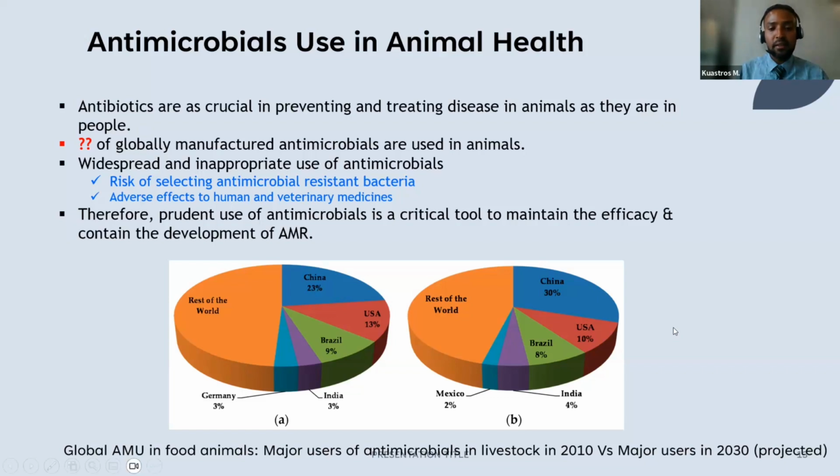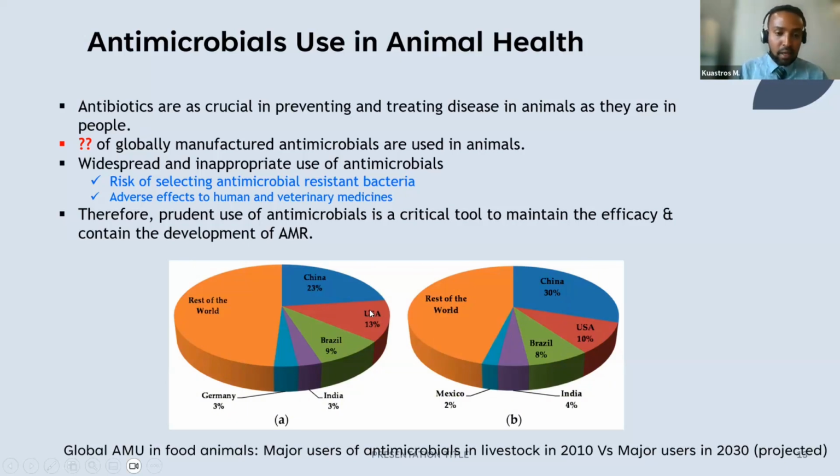In many developed countries they are doing many good interventions to decrease the use of antimicrobials. For example, as you can see in 2010, China was at 23% use, but in 2030 it is increasing, which is not good.